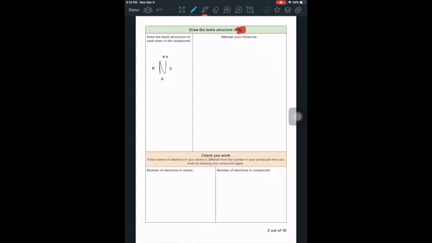I know that nitrogen can form a bond here, here, and here. And I need 2 nitrogens because it says N2. So I can put another nitrogen here. You know what it looks like, here and here. So I know that there's a bond that can be formed there and there and there.